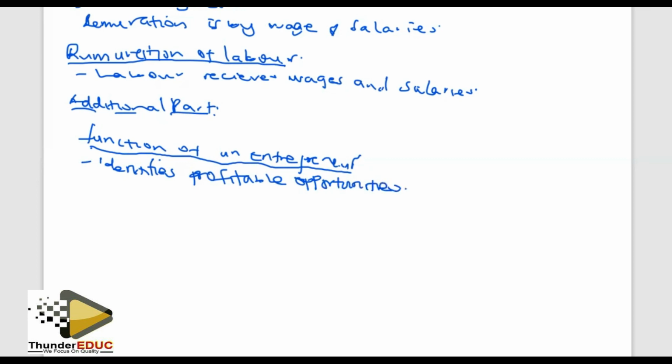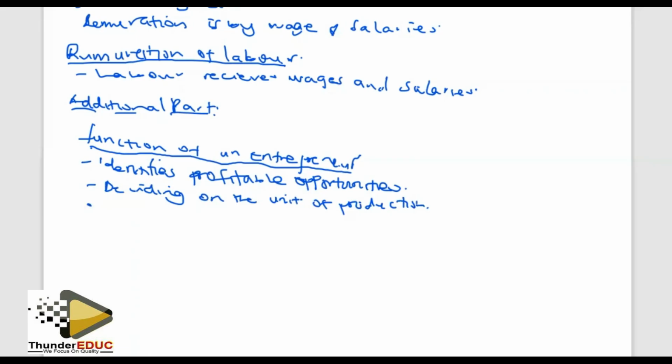Besides this, you can decide the unit of production. He actually chooses what should be the size of the business unit. Should it be large or small, depending on which resources he has?